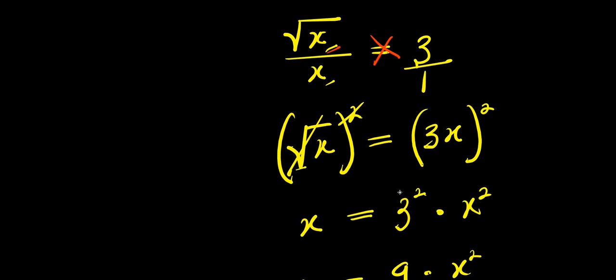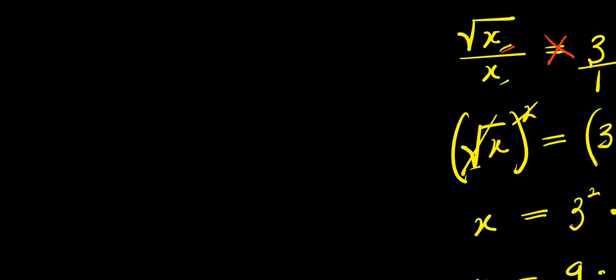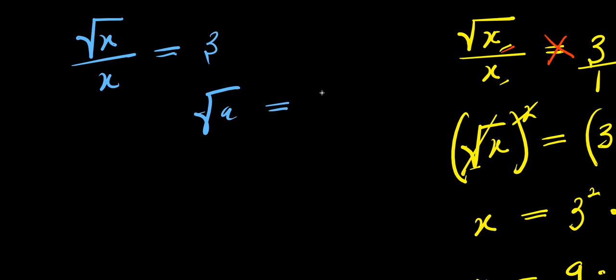Now let's solve this whole equation using a different method. This is square root of x divided by x equals 3. And remember, we have square root of a. This is just like writing a power 1 over 2. So square root of x is just like writing x power 1 over 2. This is divided by x, and this equals 3. Now this x is raised to the power of 1.